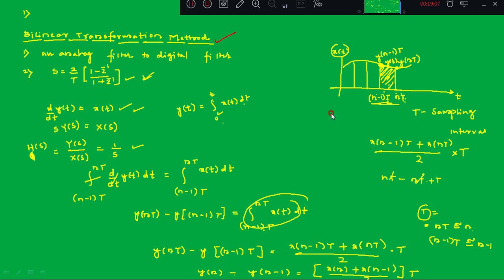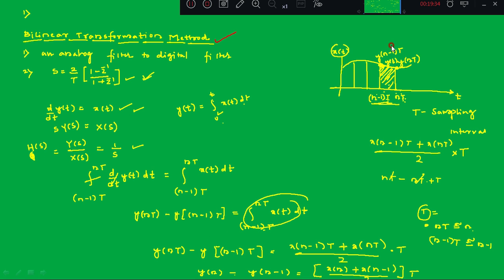Understood? So now by applying the actual limits, and assuming T is very small, you can approximate nT as n, as well as (n minus 1)T as n minus 1, right? So finally, y of n minus y of n minus 1 is equal to the area under this x of t.